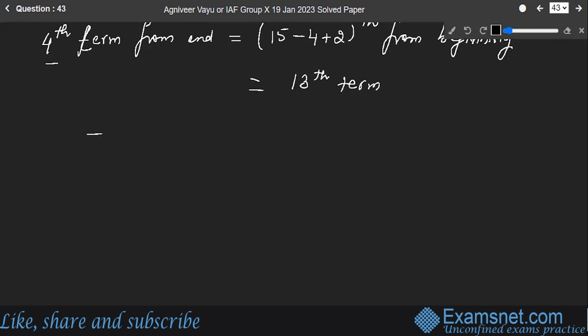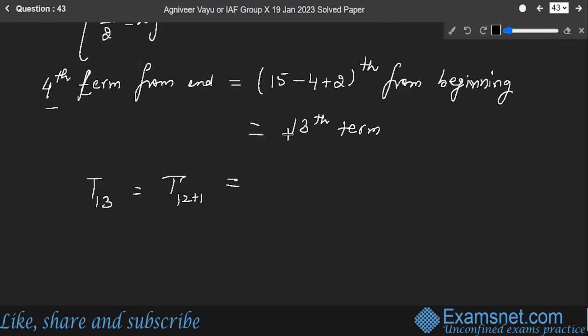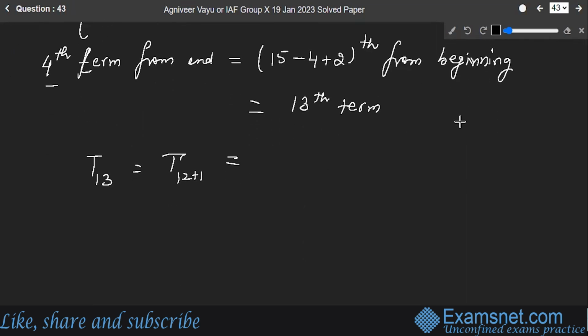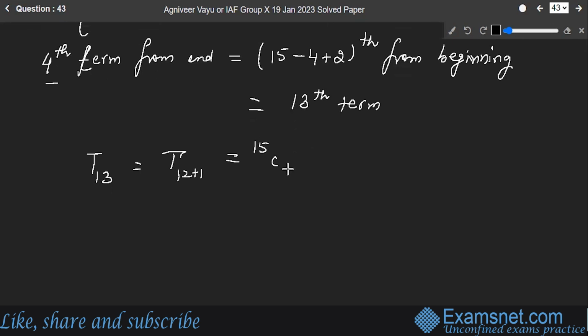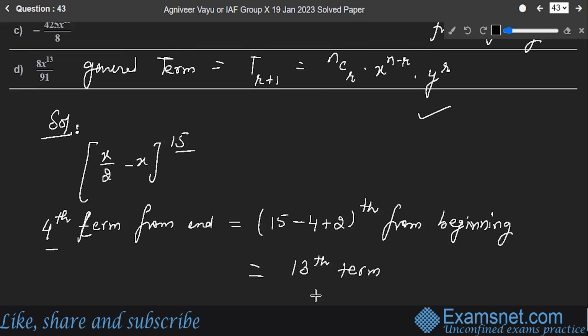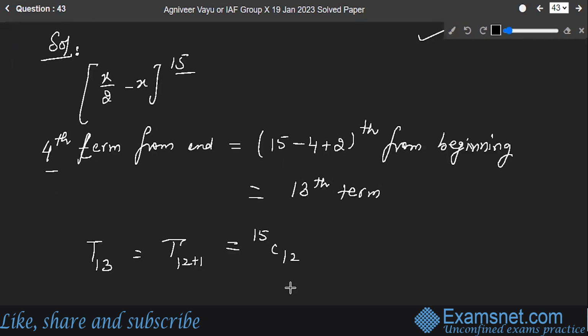T13 can be written as T12+1, and the formula was nCr, so this is 15C12. There's one more thing: here it will be (-1) raised to power r. Okay, one thing I have missed.